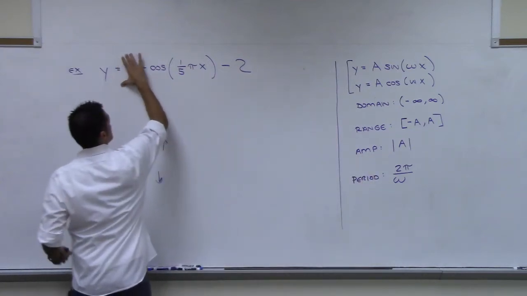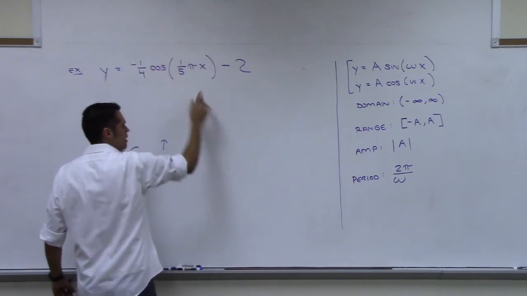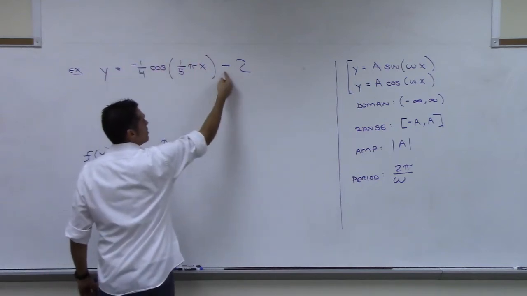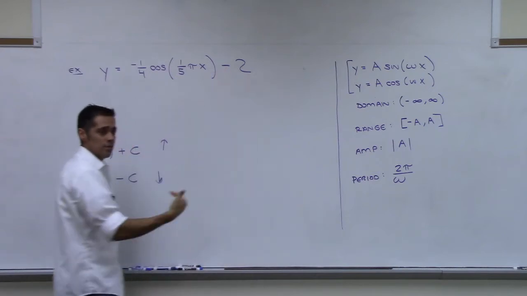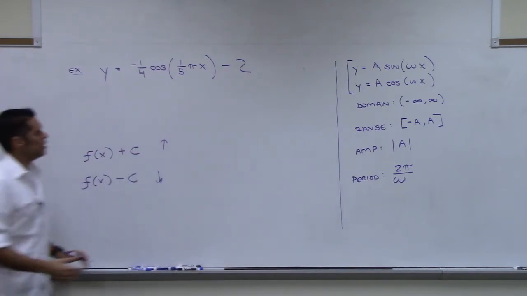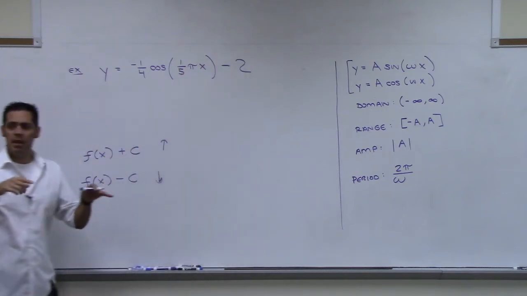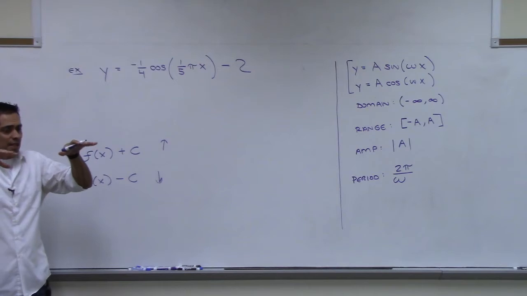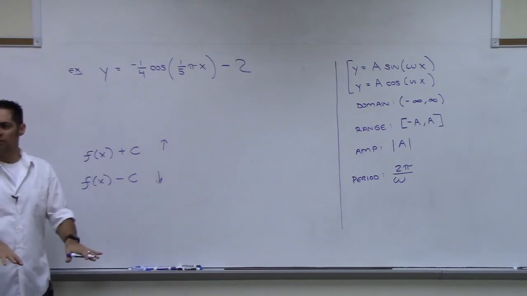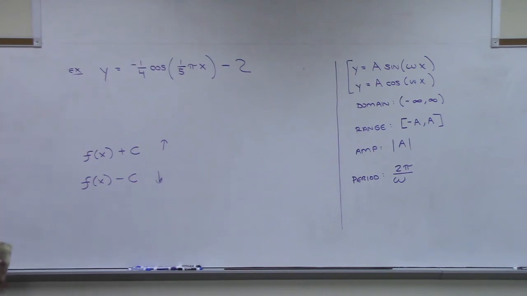You have this cosine function that has amplitude and period and all that stuff, and all we're doing is taking every point and moving it down 2. So the way that I suggest graphing this is to ignore the -2 for now, graph this, and then at the very end, take every point and move them down 2. And then draw a final picture, which is the way I did it in the homework.